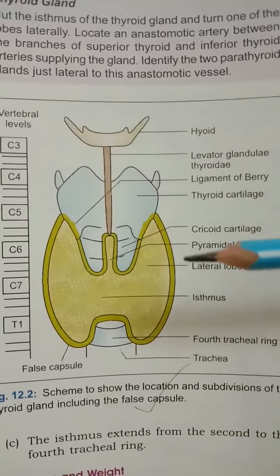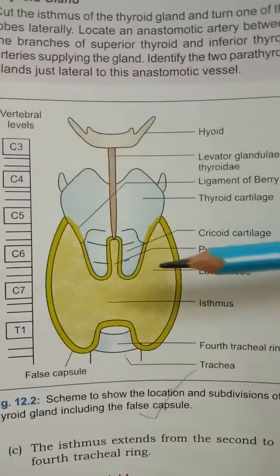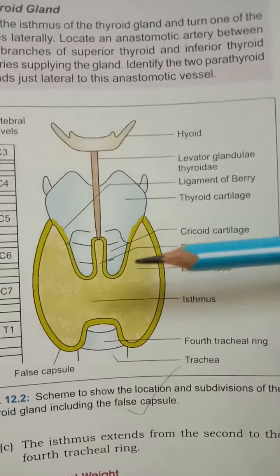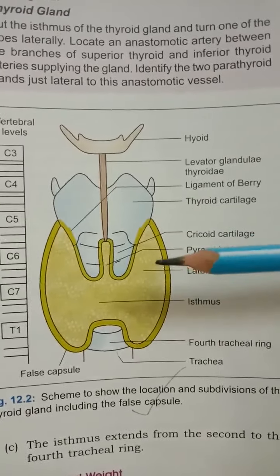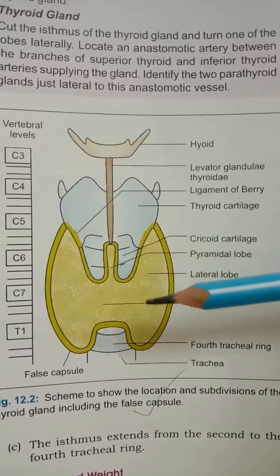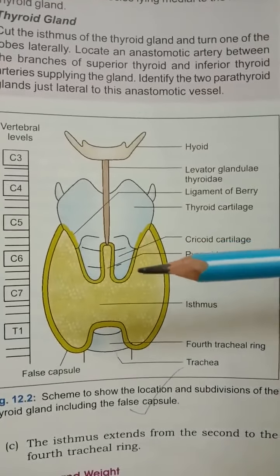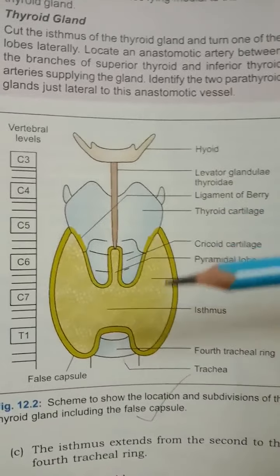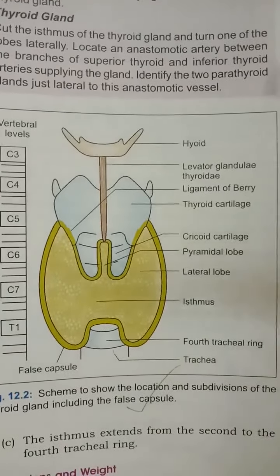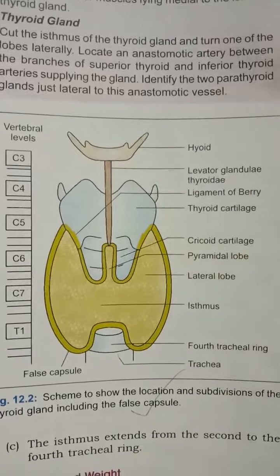Third, it is the gland which does not pour hormones into the blood immediately after formation, but stores them and releases them into the blood whenever needed. Fourth, it is one of the organs of the body having a rich blood supply. So these are the important special features related to the thyroid gland.